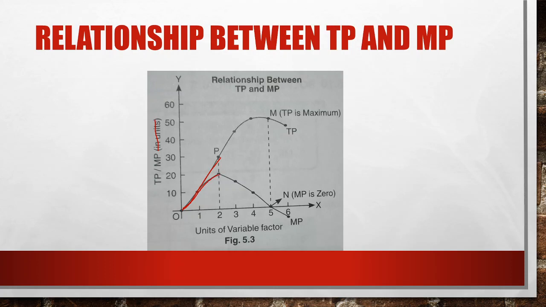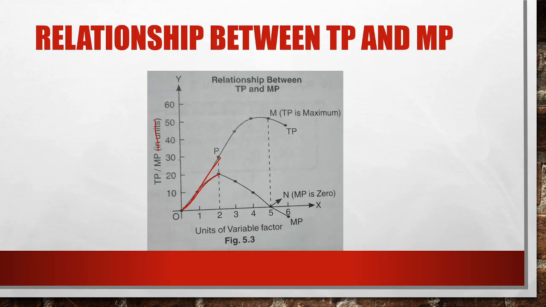So the first relationship you can write is that when TP increases at an increasing rate, MP rises. You can derive the relationship between TP and MP from the diagram itself.